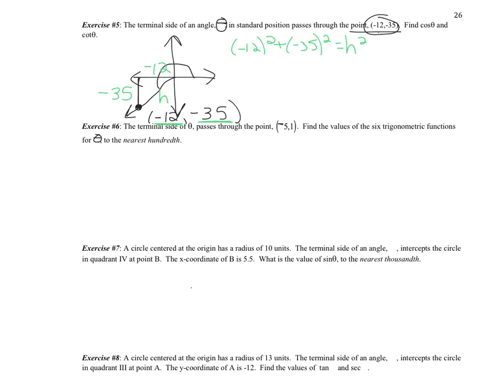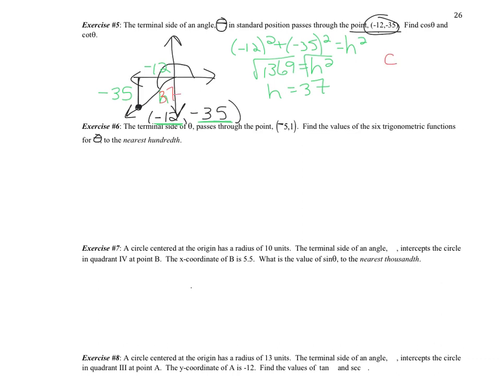These two add up to 1,369, and if I take a square root, this is actually a Pythagorean triple for this triangle, and that's 37. Remember, the hypotenuse is always positive, just a rule, so that's a 37.